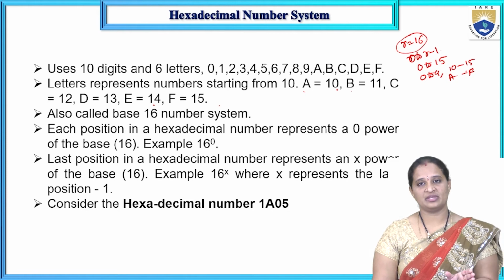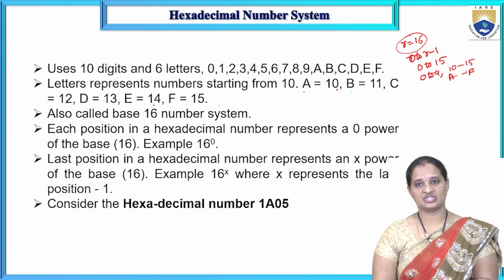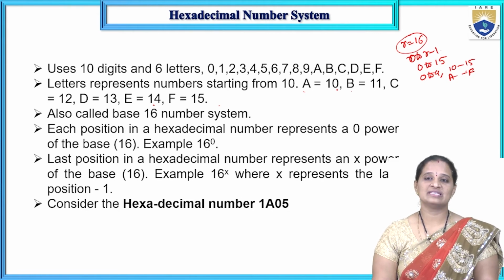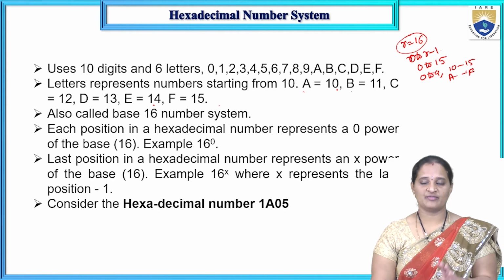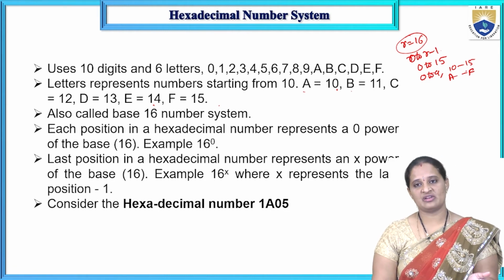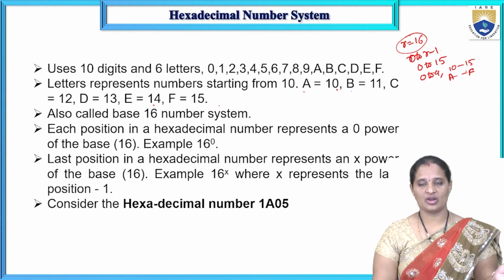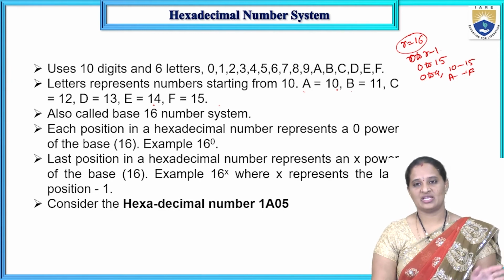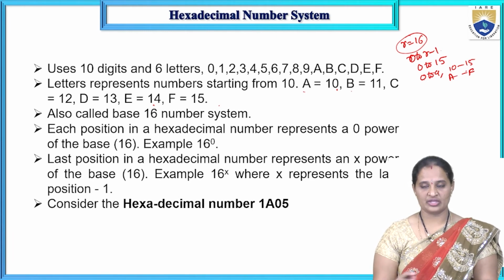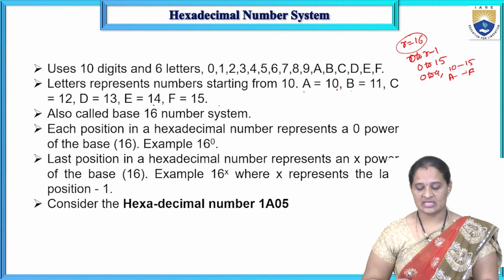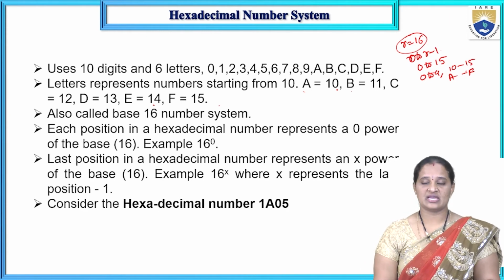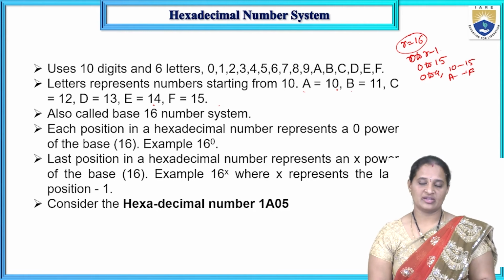Here each digit has a positional weight in powers of 16. Before the point, the positional weights are powers of 16 starting from 0 up to n minus 1, whereas to the right side of the point, the positions start from -1, -2 and so on.